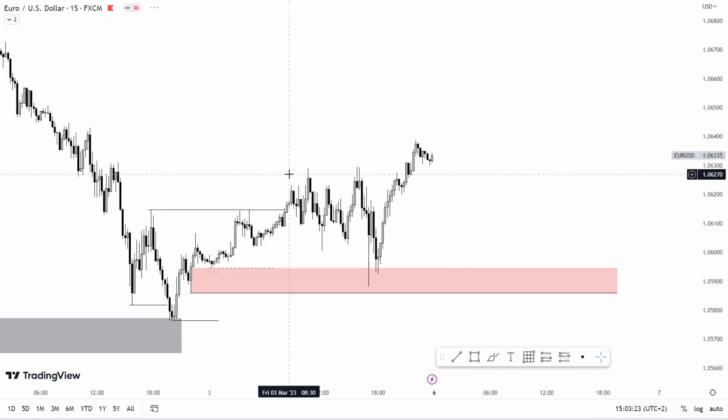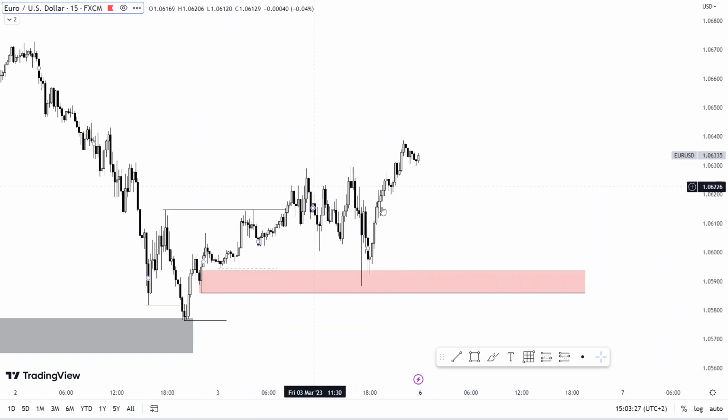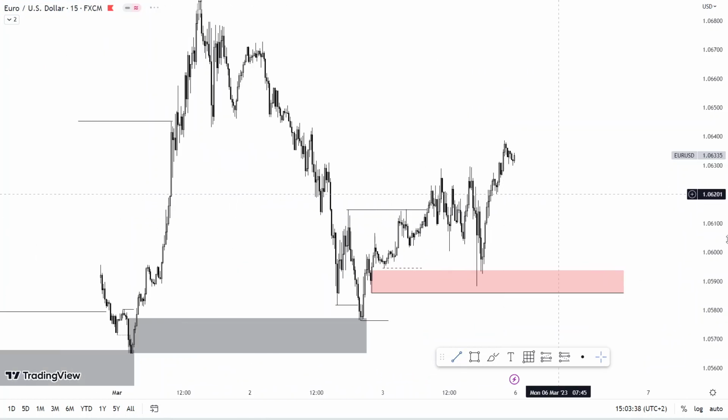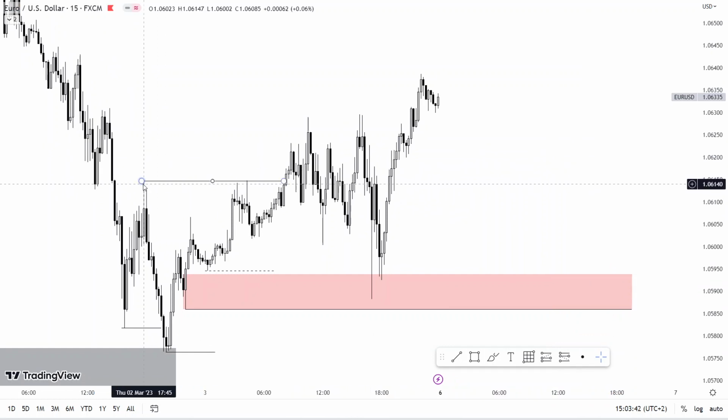M15, let's just see. On the M15 we can clearly see, and remember, we only found the buy area without actually looking at what the lower time frame looked like here, right? And we just use the discount and premium and also the market structure.